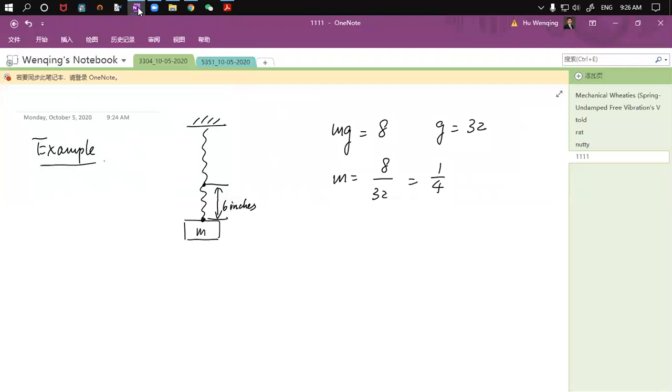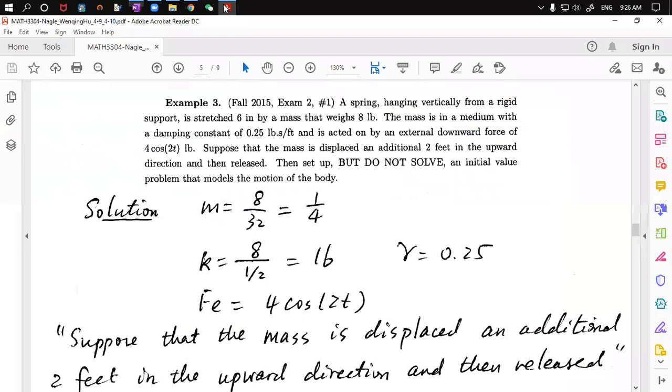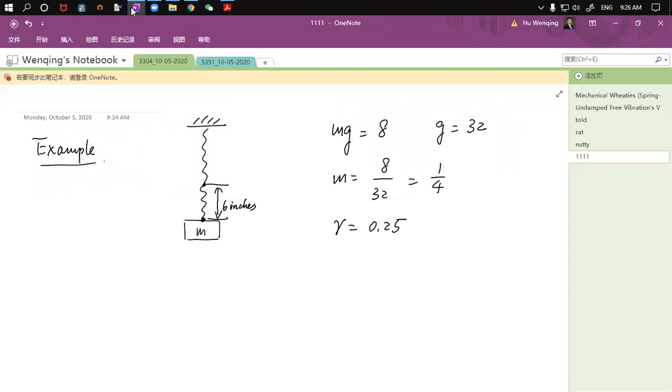So gamma is 0.25. And then you want to know the Hooke's constant, right? How do you calculate the Hooke's constant? Well, because of the picture, the initial stretch is about 6 inches, so mg is equal to kL. Well, L is 6 inches, but you have to use feet, right?